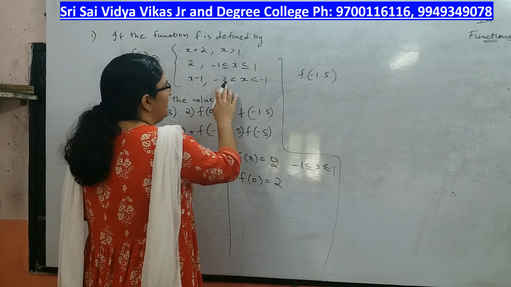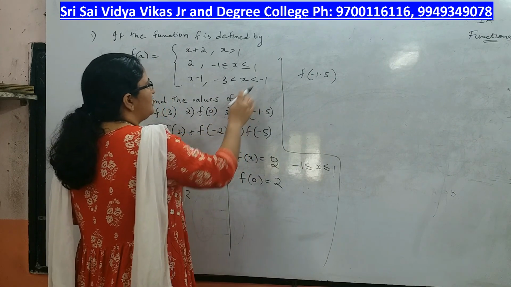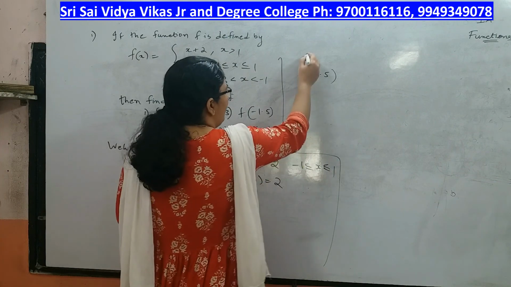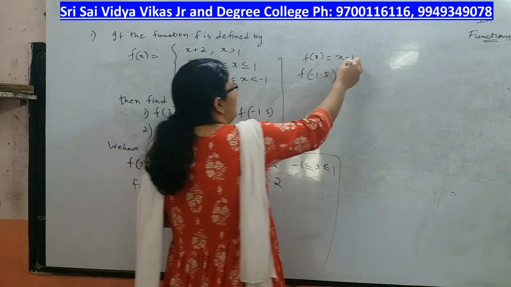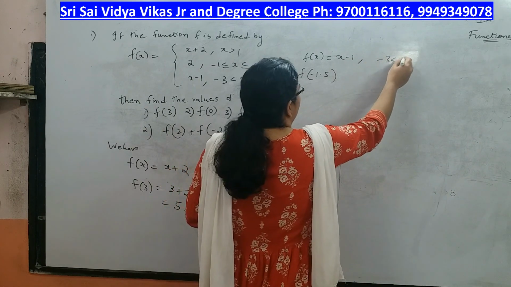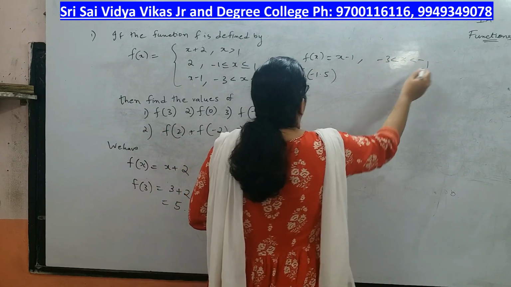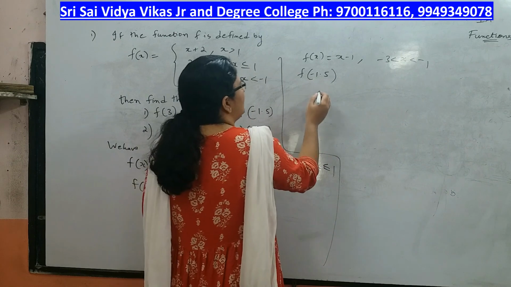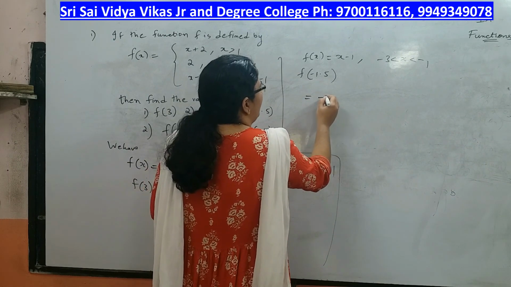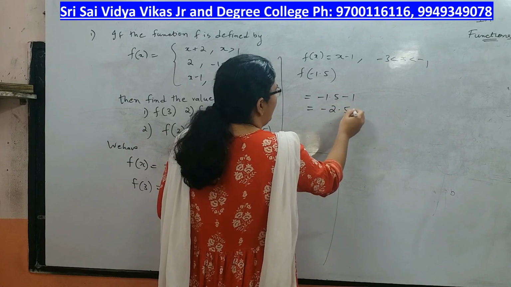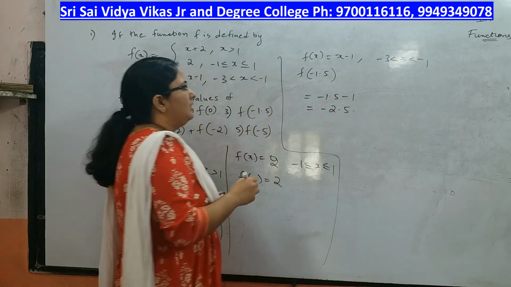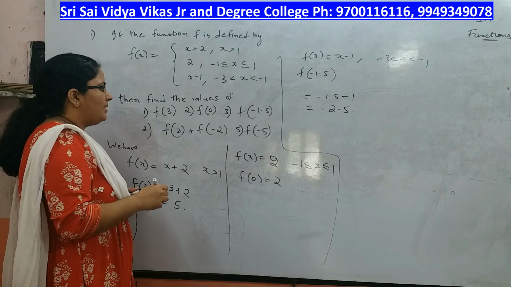That will be between minus 3 and minus 1. F of x is equal to x minus 1 when minus 3 is less than x less than minus 1. F of minus 1.5 is minus 1.5 minus 1, which is equal to minus 2.5. That's about f of minus 1.5.